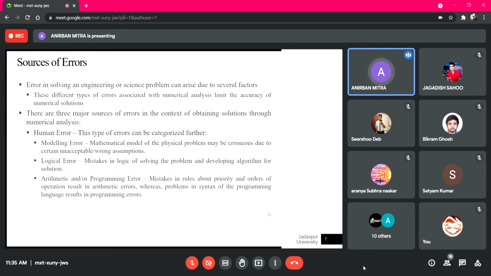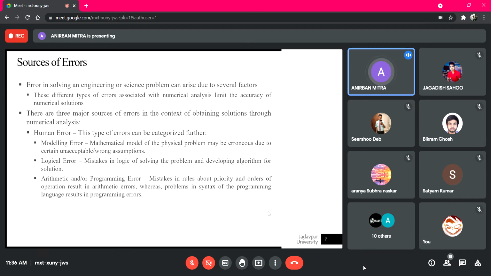There could be arithmetic or programming errors as well. So these are basically best understood by, let's say, talking about the rules and regulations of the programming language itself. You have already written certain programs or codes in your previous semester course of C programming, computer programming.